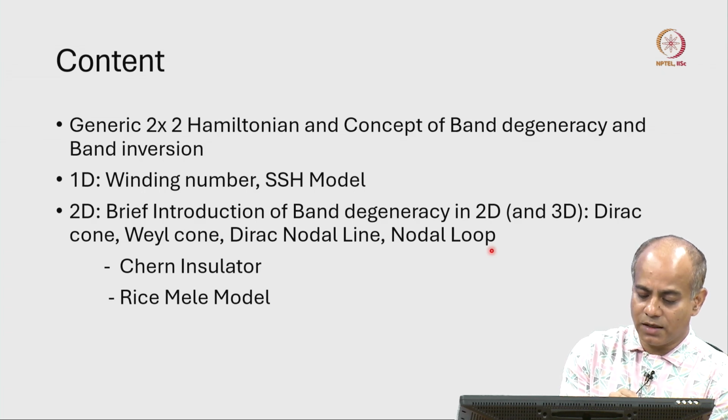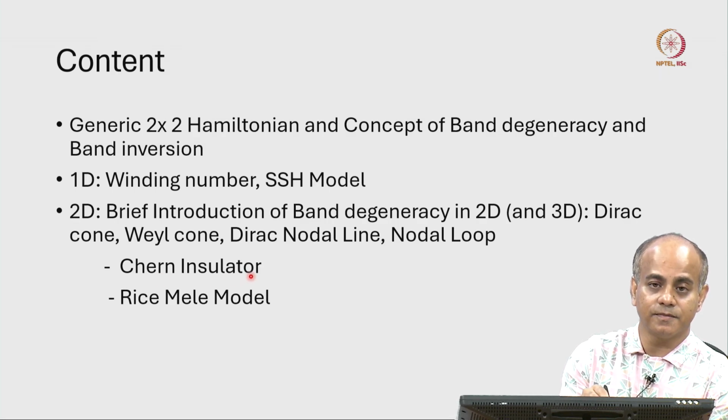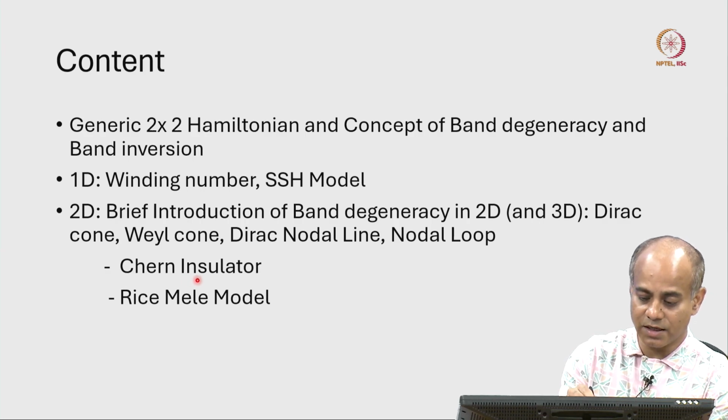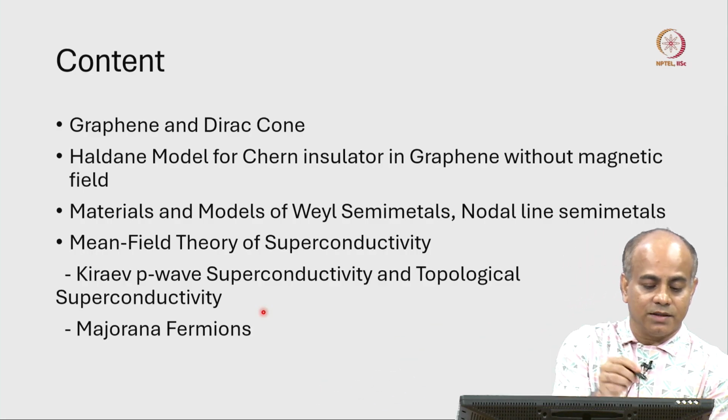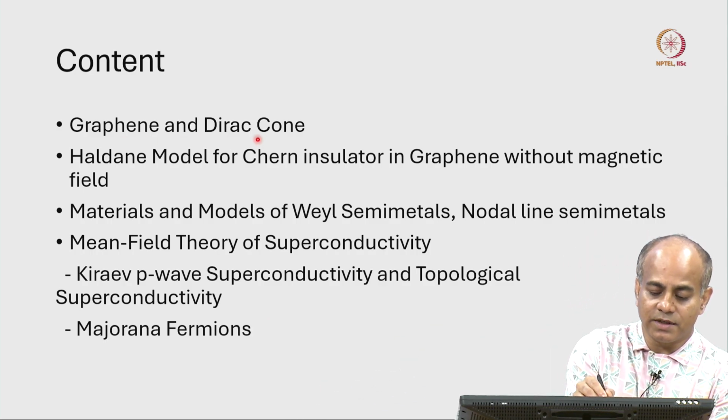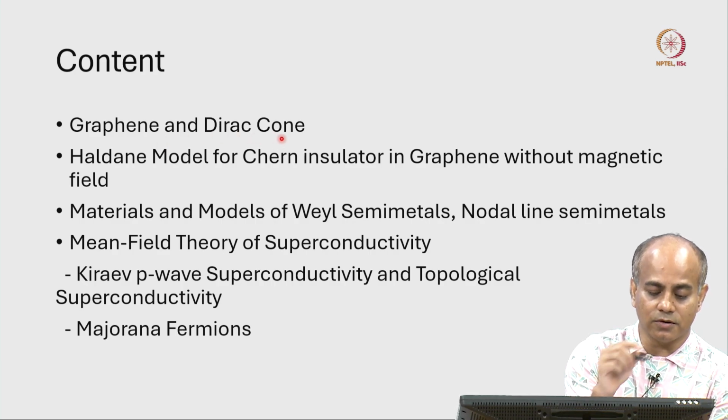And then we will move from the semi-metals to Chern insulators. Again we will talk about band inversions across these band degeneracies from trivial to non-trivial, and we will take a toy model, Rice-Mele model. Then we will take more realistic models like graphene, which has a Dirac cone.